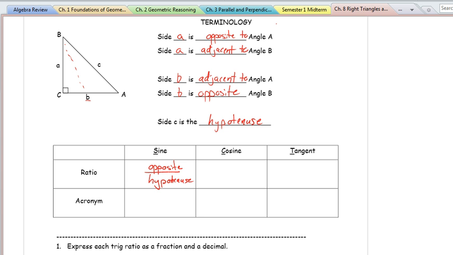The cosine is a comparison between adjacent and the hypotenuse. And the tangent is a comparison of the opposite over the adjacent. So we have all our possibilities in there.